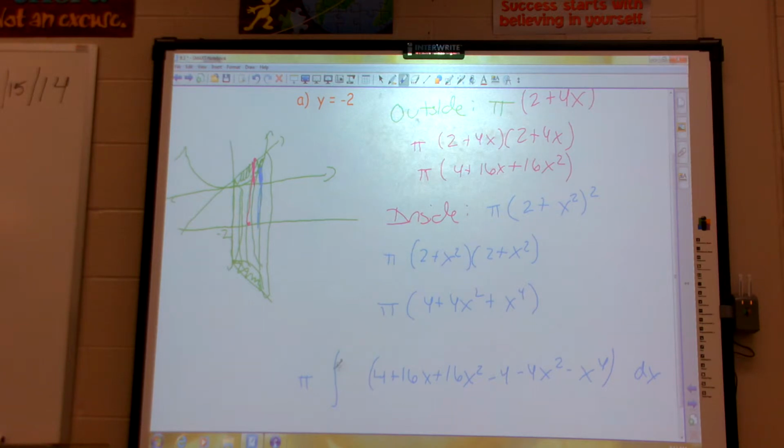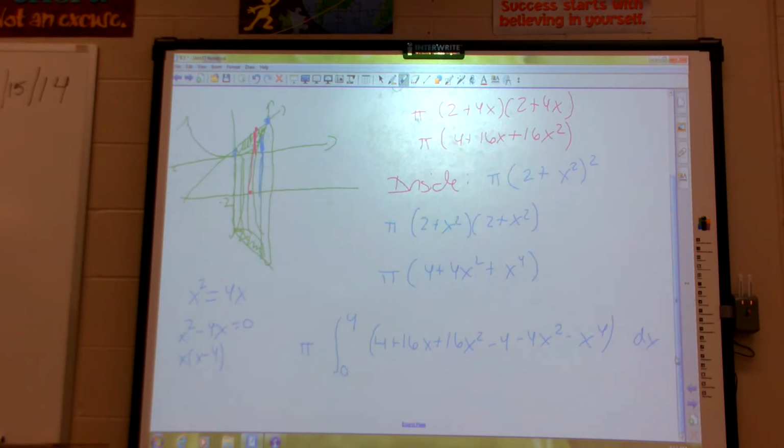I need to figure out my bounds. I'm still looking at the x-axis, so I'm going from 0 to where they meet, correct? When x squared equals 4x, when does that happen? At 4. Right, you can take that over and factor if you need to. Okay, factor out an x.